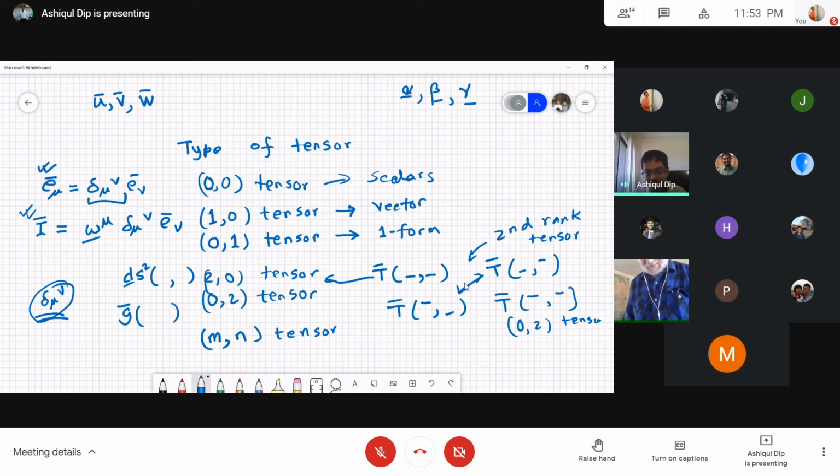It could be a component of a big object, like a vector or a second rank tensor, that's fine, but it's not the second rank tensor itself. It depends on in which context the Kronecker delta arose. So it could be a component of a vector, a component of a tensor, or it could be purely scalar.